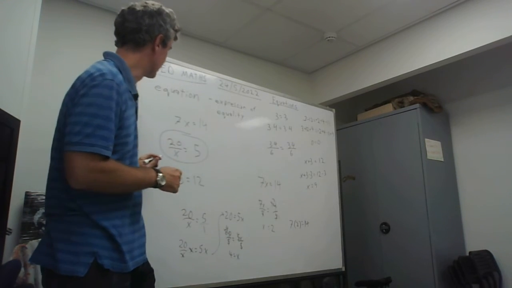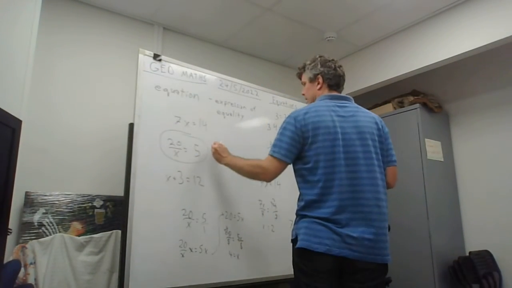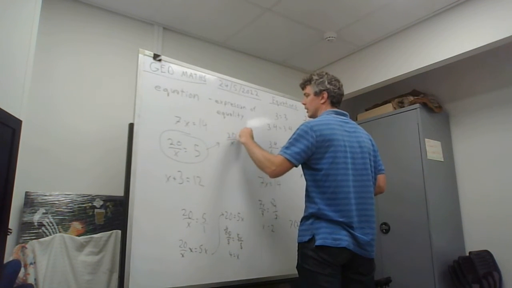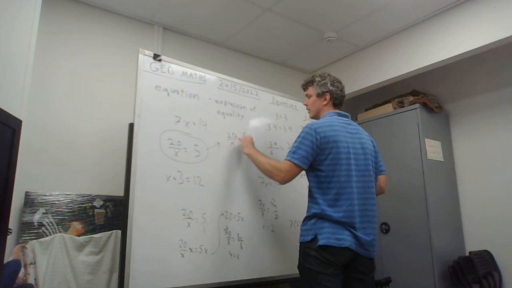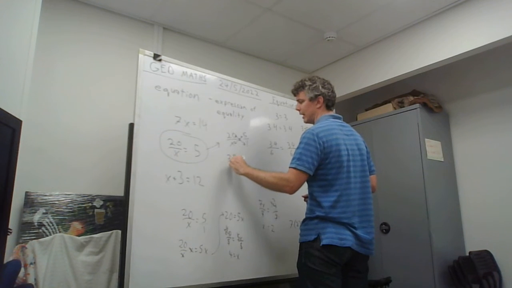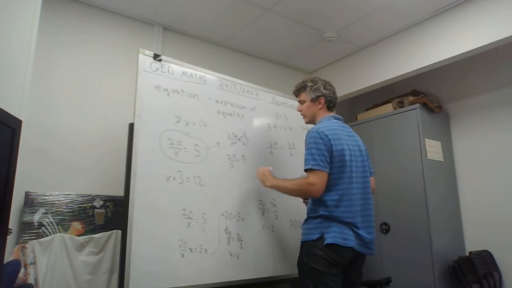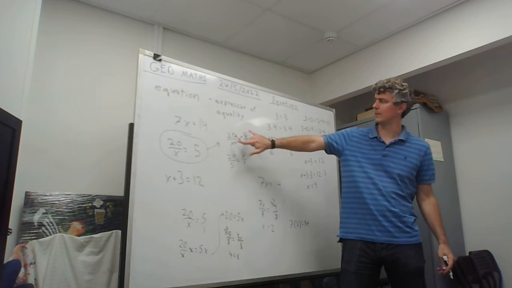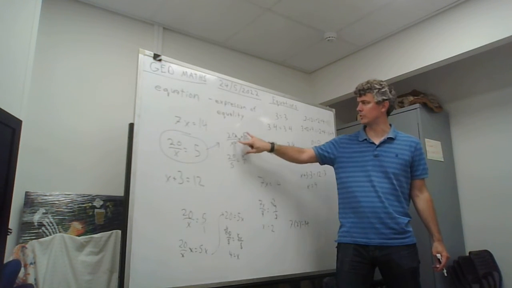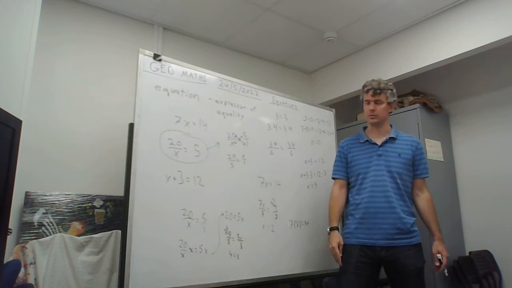So that's one thing we can also do. If we have this one, it becomes 20 over x equals 5 over 1. And basically this becomes 20 over 5 equals x over 1. Remember, anything across here can be switched. So we do that, we switch the x and the 5, and then we have 20 over 5, which is 4.